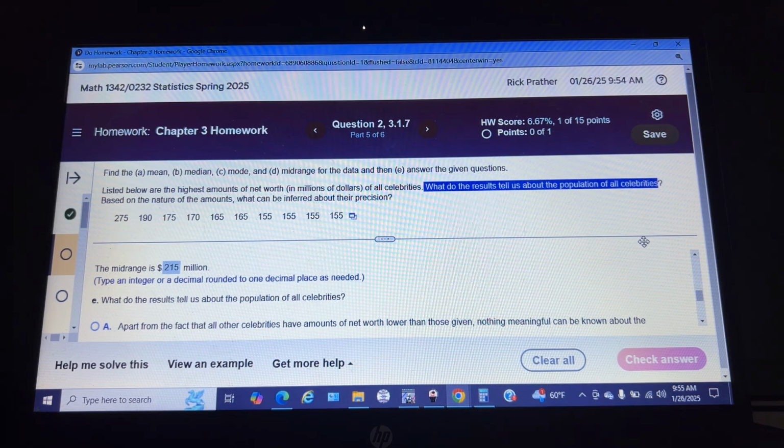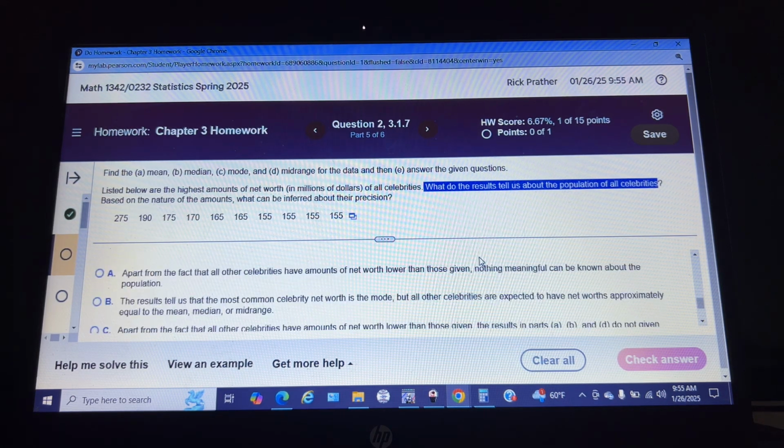See, that's the problem here. If you want to know something about all celebrities, you don't want to pick the 10 richest celebrities. That's the problem, is this sample doesn't mirror the population at all. If you want to know what does an average American do for a salary, you don't want to look at the 10 richest people in America or even the 10 poorest. So they should have gotten a random sample of celebrities, not just pick the 10 richest celebrities.